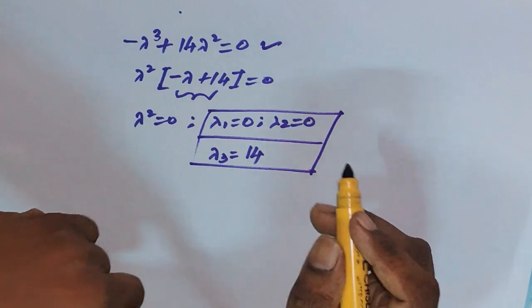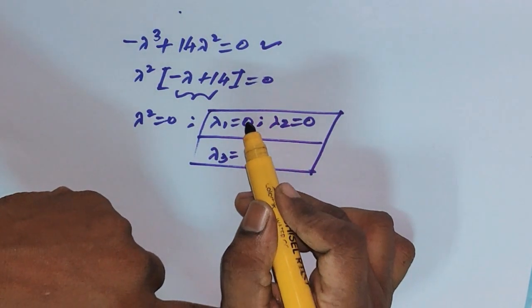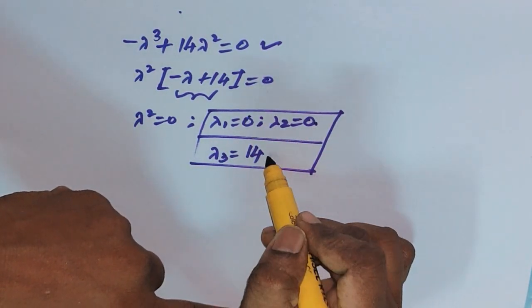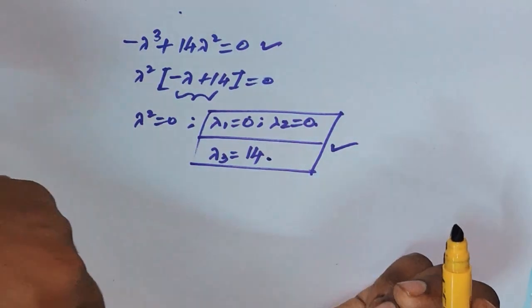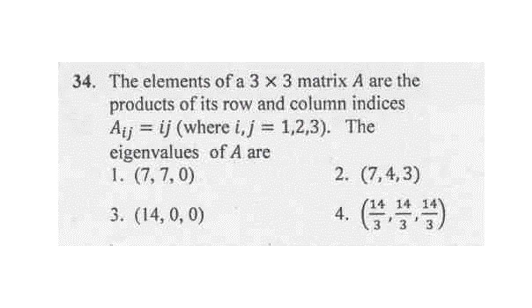That means the eigenvalues of the given matrix are 0, 0, 14. So the eigenvalues of the given 3 cross 3 matrix A are 14, 0, 0. Option 3 is the right answer.